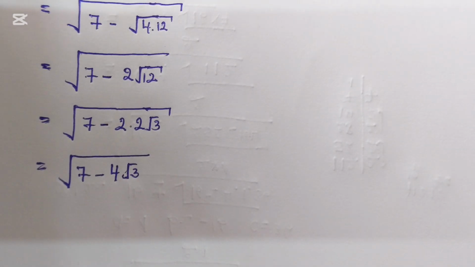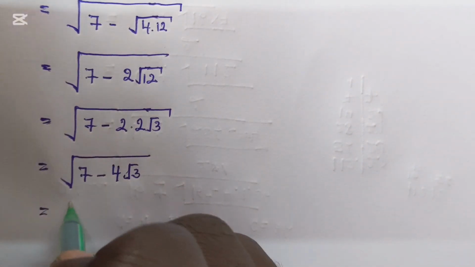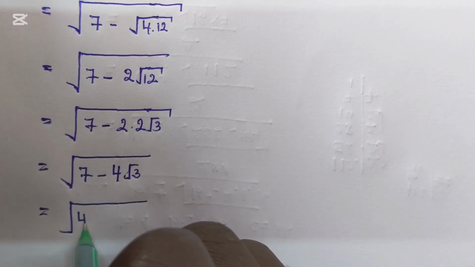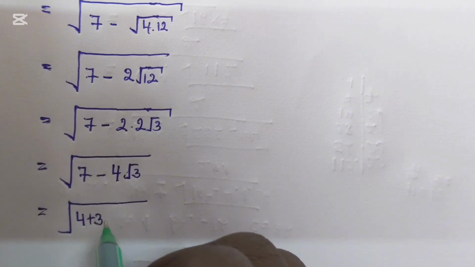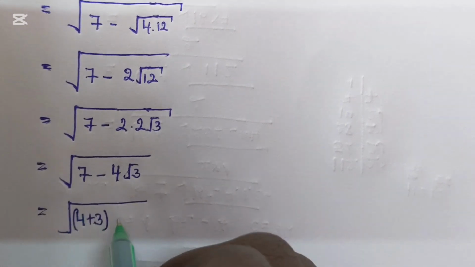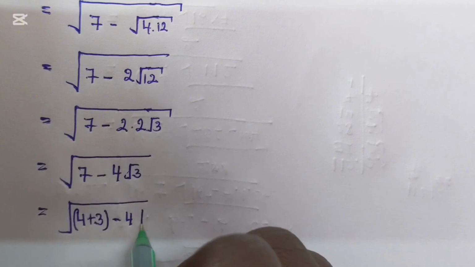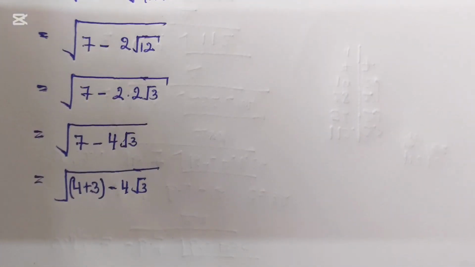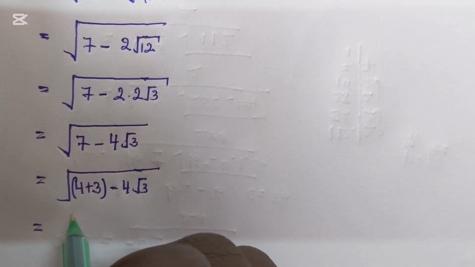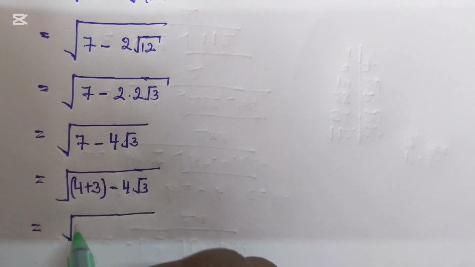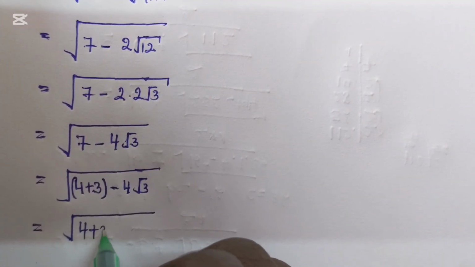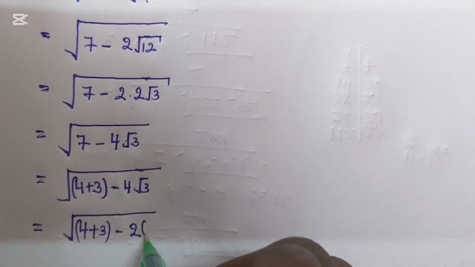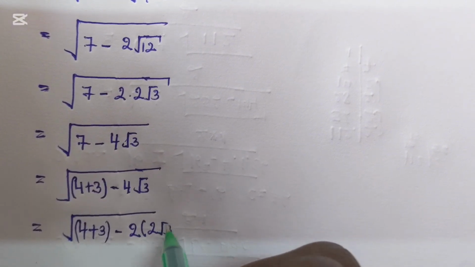What can we do? Square root of 7 can be written as 4 plus 3, okay, minus 4 square root of 3, right? So that this will be square root of 4 plus 3 minus 2 times 2 square root of 3 again.